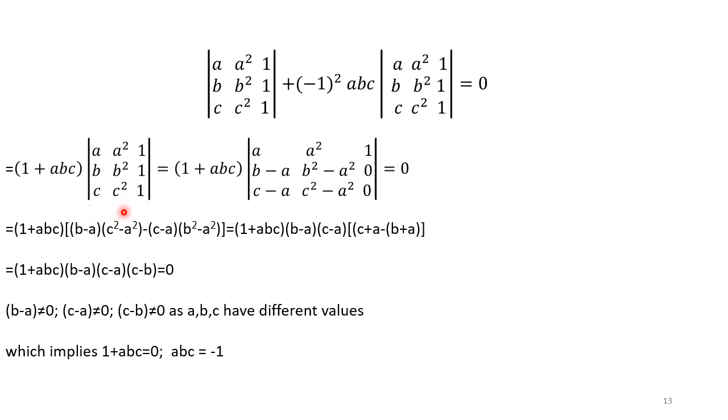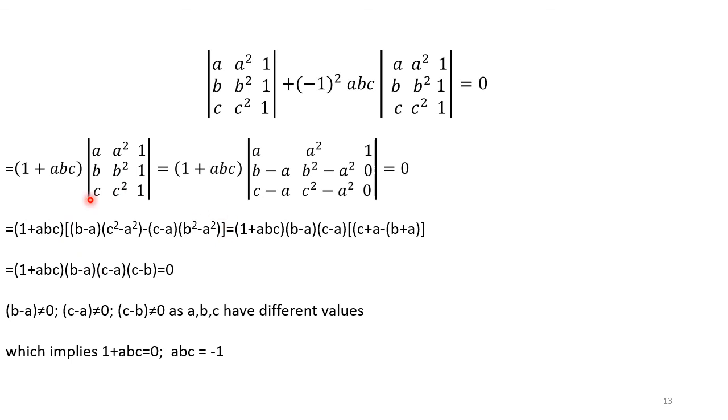If I do some row modification, I retain the first row as it is, and subtract the first row from the second row, so B minus A, B square minus A square, 0. And subtract the first row from the third row, so C minus A, C square minus A square, 0.